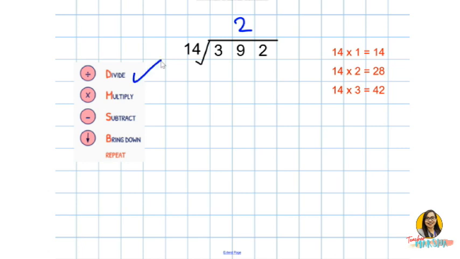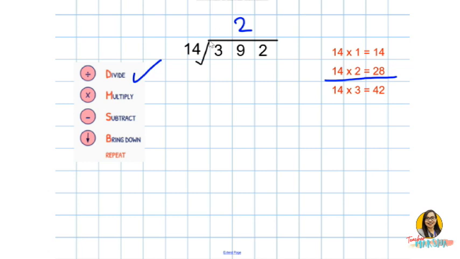Now let's go ahead and do the second step, which is multiply. So we're going to multiply 2 and 14. So 2 times 14, it's already written here in our list of multiples of 14. So 14 times 2 is equal to 28. So we're going to write the answer underneath 39.